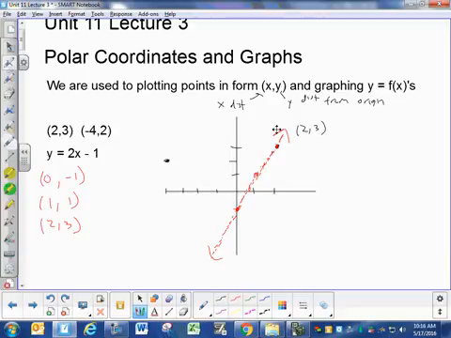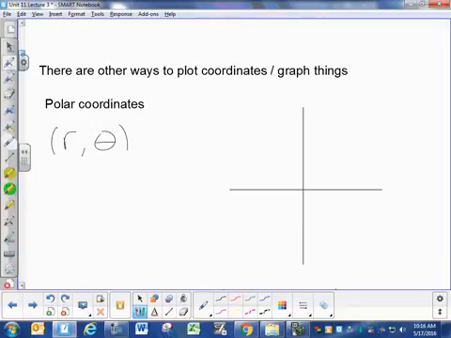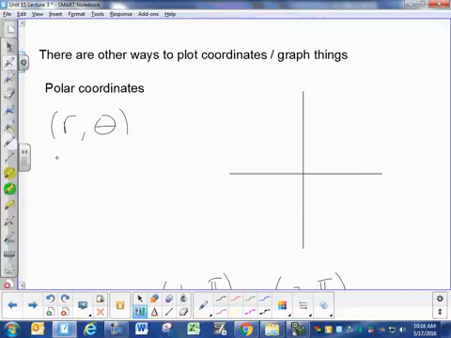Okay, x distance, y distance. R theta, r is just your overall distance from the origin. It's not an x distance, it's not a y distance, it's just your overall distance from the origin. Theta is the angle at which you are taking that distance.